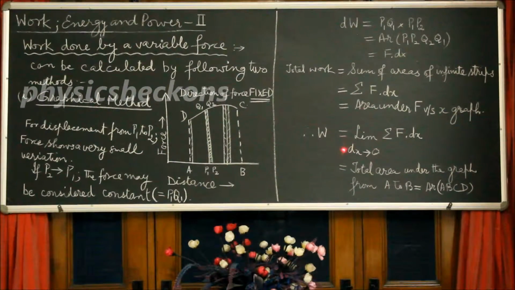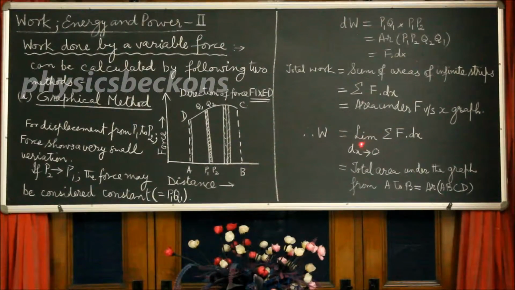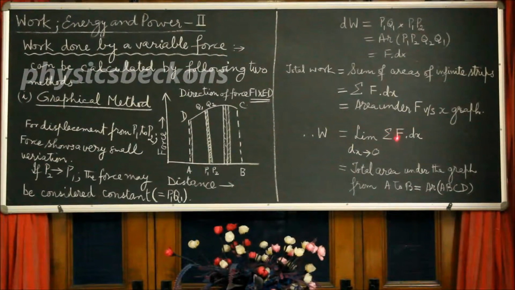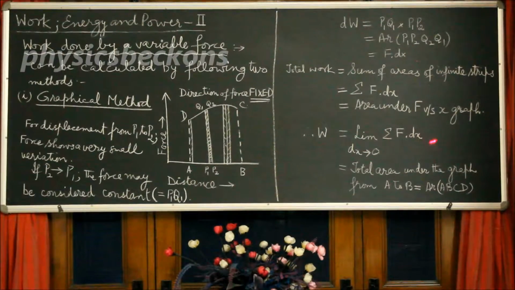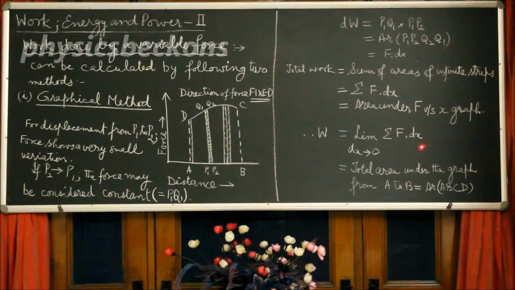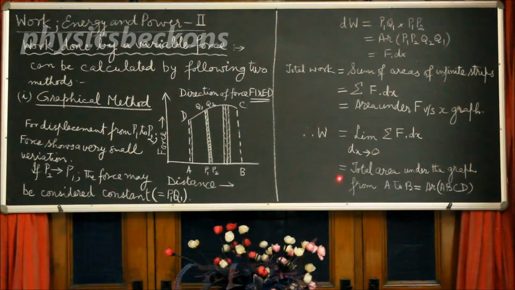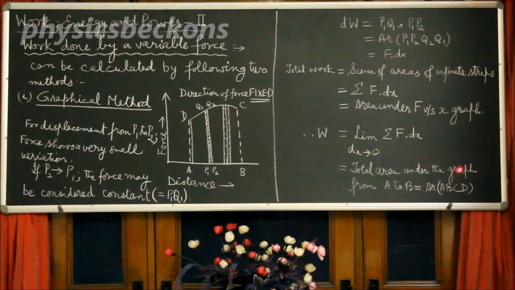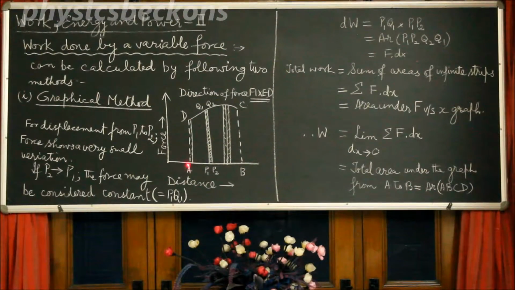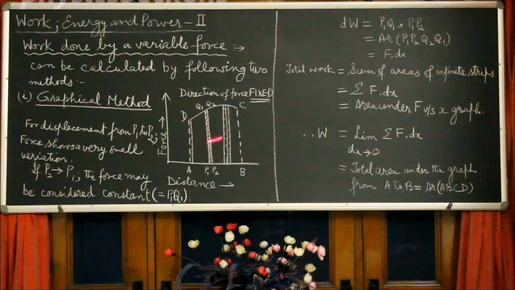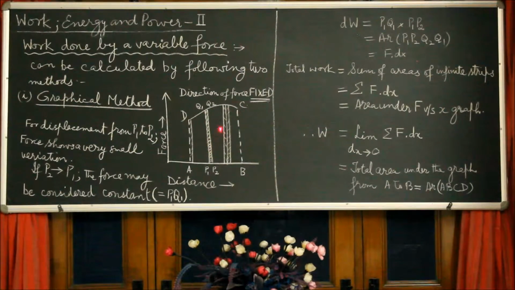Therefore, the total work is the limiting value of this sum F dx, subject to the condition that dx or P1 P2 approaches 0, equal to the total area under the graph from A to B, or area ABCDA. This area under the graph gives the work done.